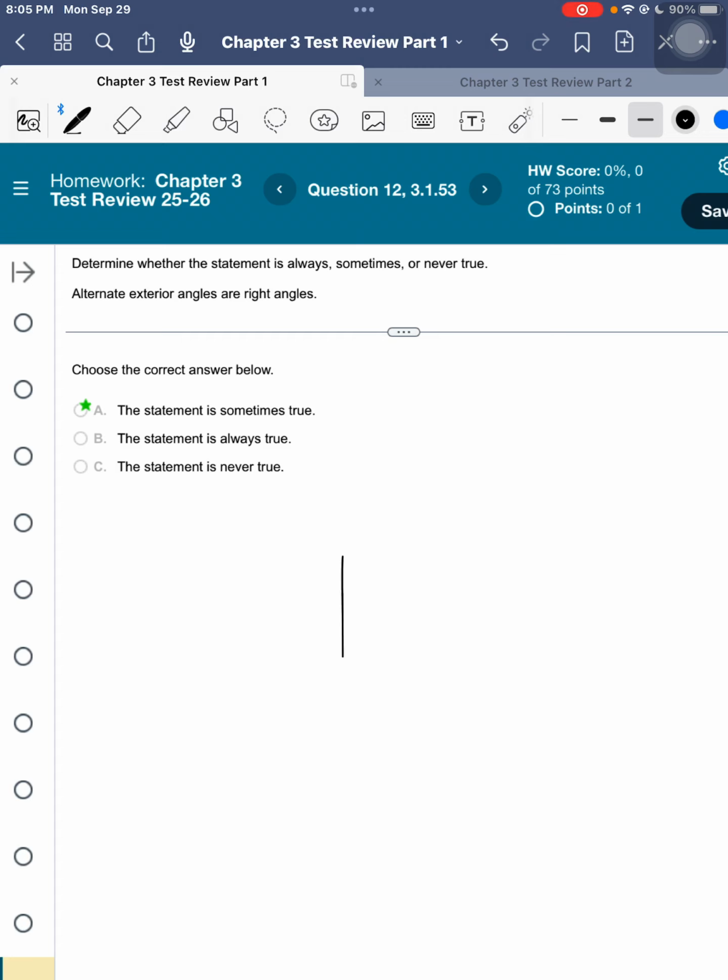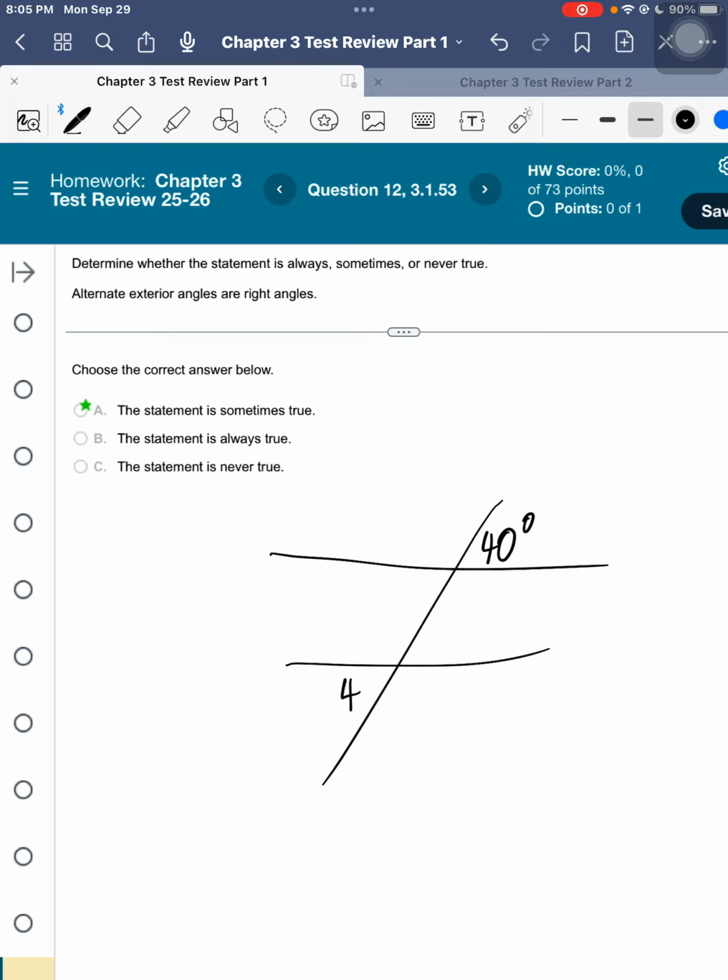Alternate exterior angles are right angles. Is that always true, sometimes true, or never true? In a case like this, if this angle was 40 degrees, then this angle would have to be 40 degrees as well, because these are alternate exterior angles.